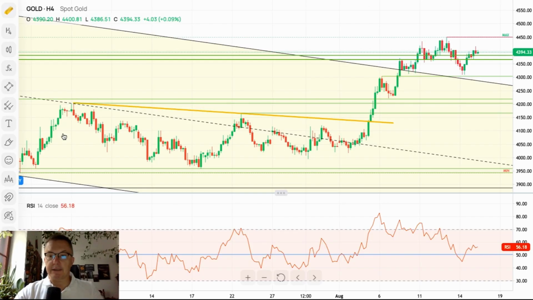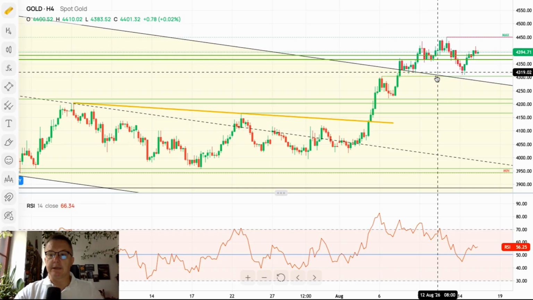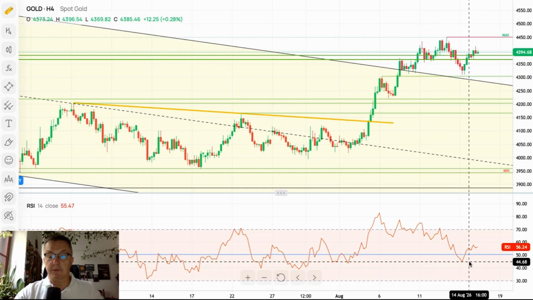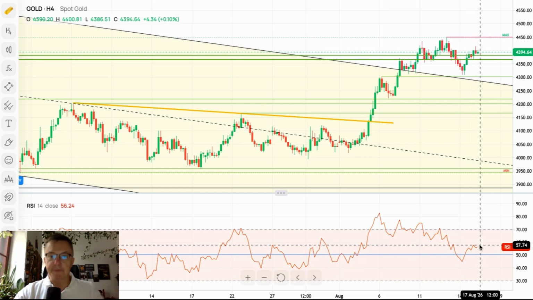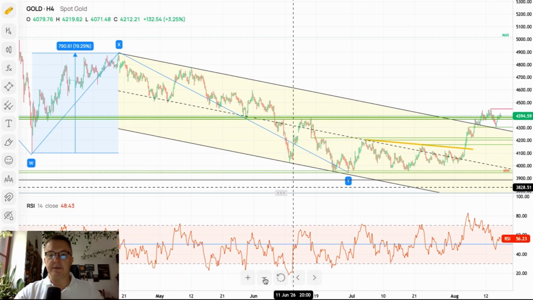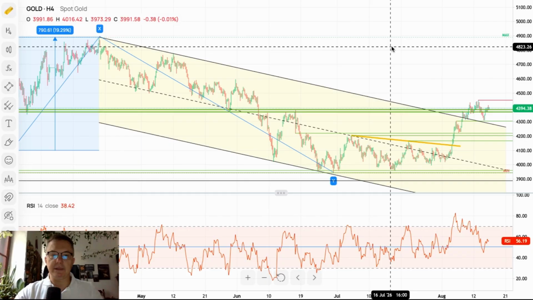The gold market keeps moving higher. We recently tested 4,304 technical support. We bounced really nicely. Momentum dipped to the level of 44 points. Now we are back into the positive territory. Nevertheless, this movement to the upside still doesn't look very impulsive to me.